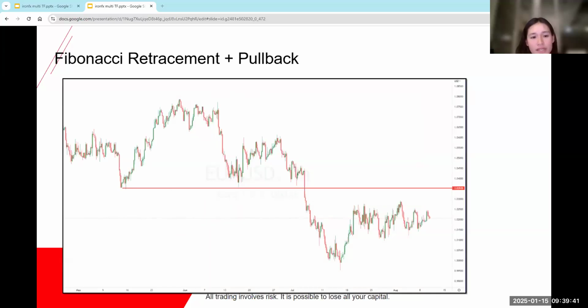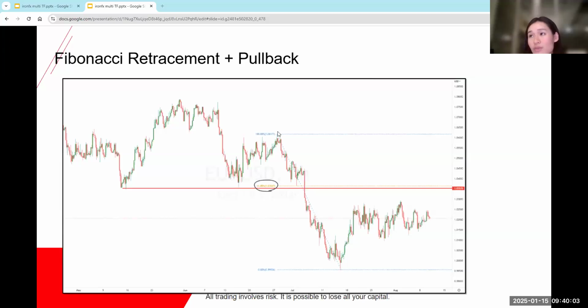Okay, so combining our Fibonacci retracement and the pullback that we learned earlier, here we have euro dollar, and prices are moving below our pullback resistance. So we're expecting price to continue to move upwards and reverse off this chart.